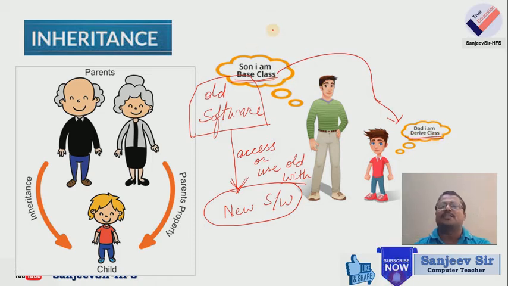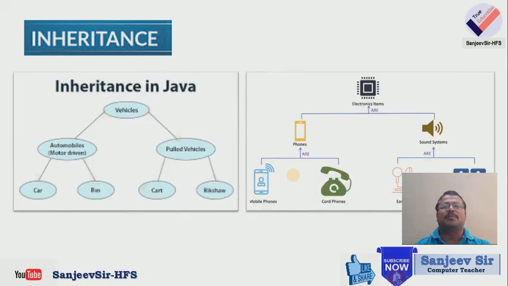You can also call them super class and sub class, or parent and child. So inheritance provides the facility of reusability. That means old software, old code, old programs we can reuse as new with a new feature. This is known as reusability.